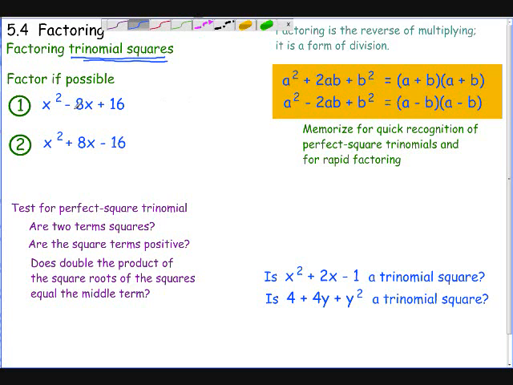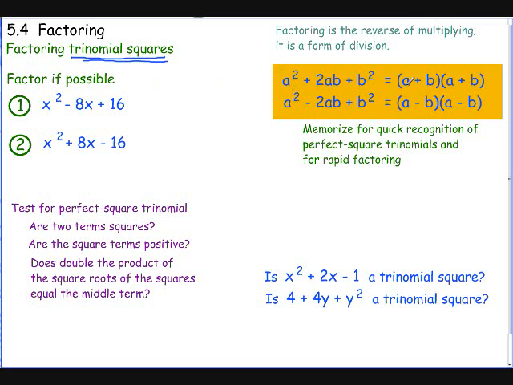Let's start with this one. This looks very interesting because we have a perfect square as our first term and a perfect square as our second term. This actually is a pattern that we should become familiar with.